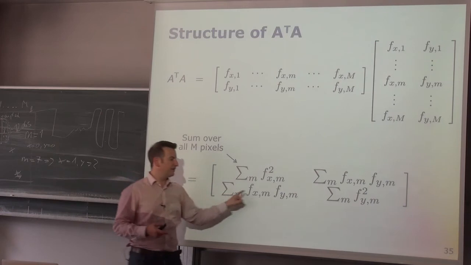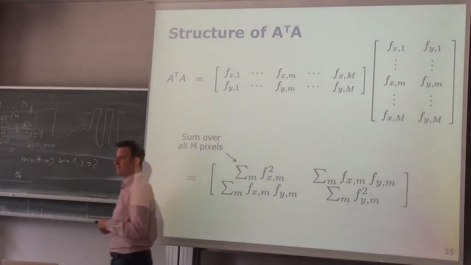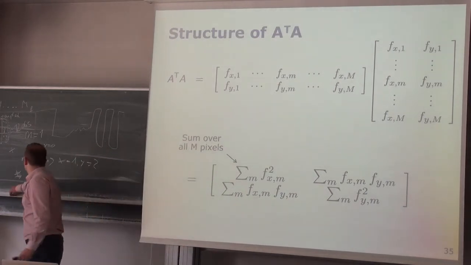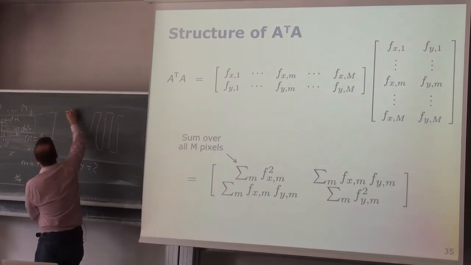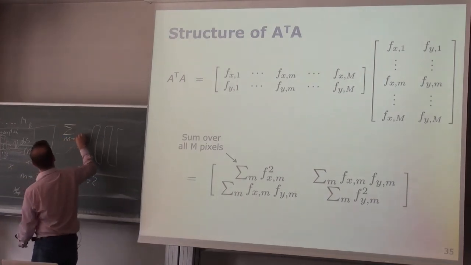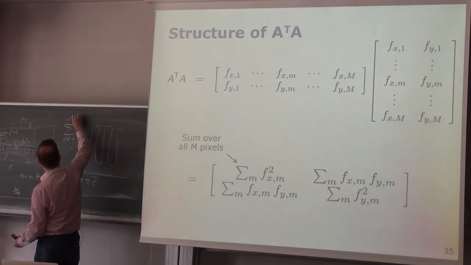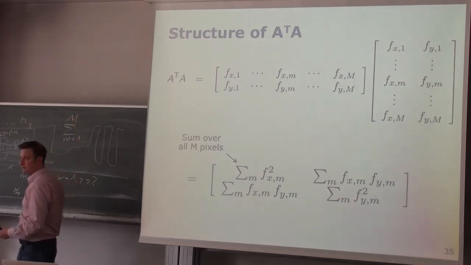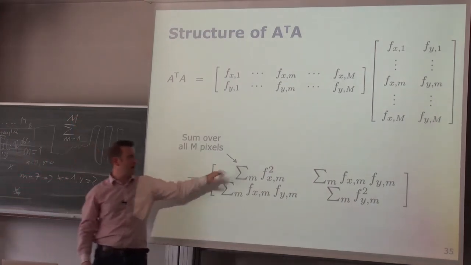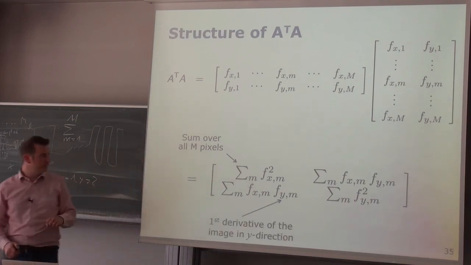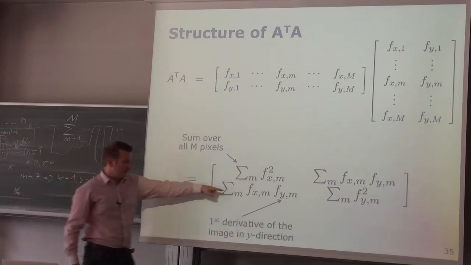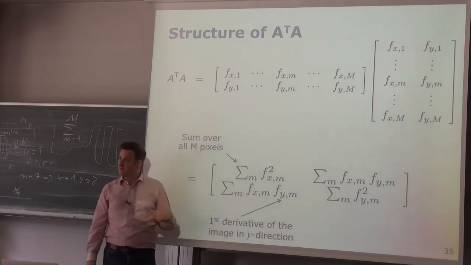So all of those sums involve m pixels from small m equals 1 to m. So always sum over m elements. This is again the same notation as before.